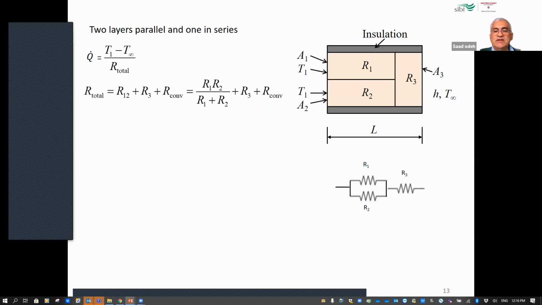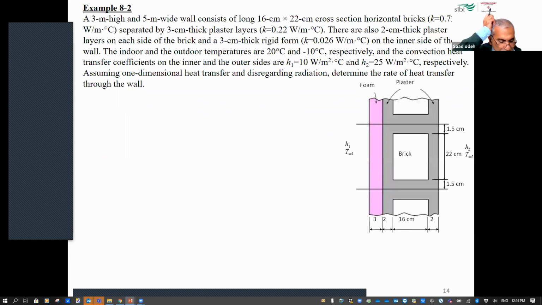All right, so this is getting harder now, but this question will simplify everything. This question has the combination of different thermal resistances. So this is a wall construction, and you find that this wall consists of many layers.